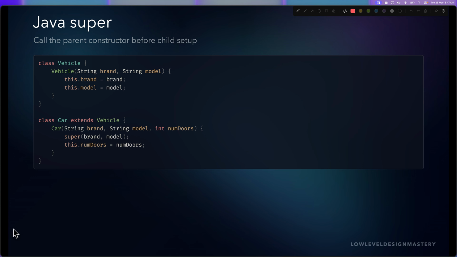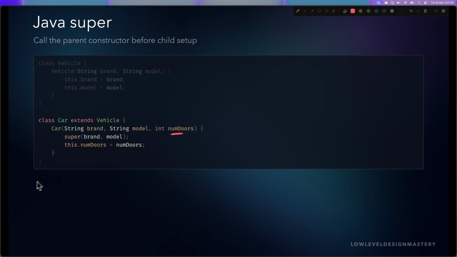It also uses the same parent constructor idea. So we have a Vehicle class, and then we have a constructor which takes brand and model, same as we saw earlier. And then Car extends Vehicle and it has its own constructor with one extra field, that is the number of doors. And then super calls the parent constructor.